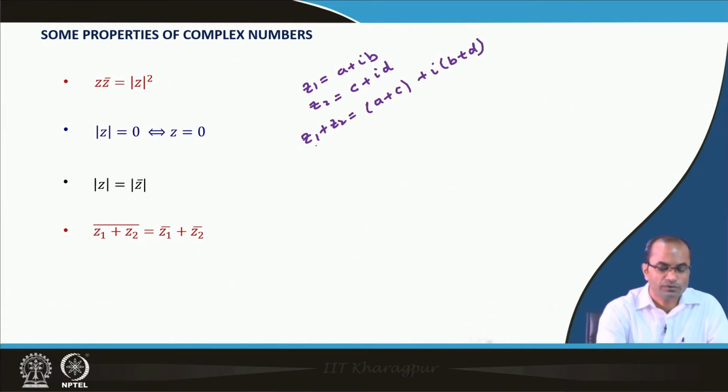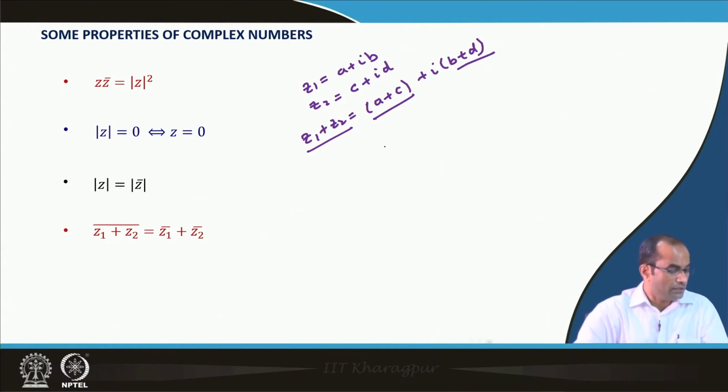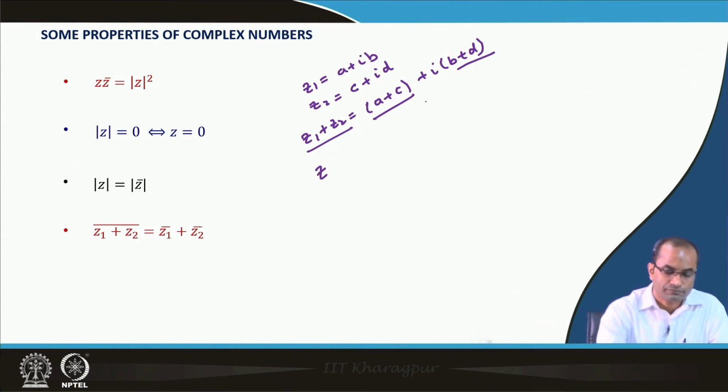Now we are talking about its modulus, so we can take the square root of the sum of squares here, and similarly we can get the individual ones.